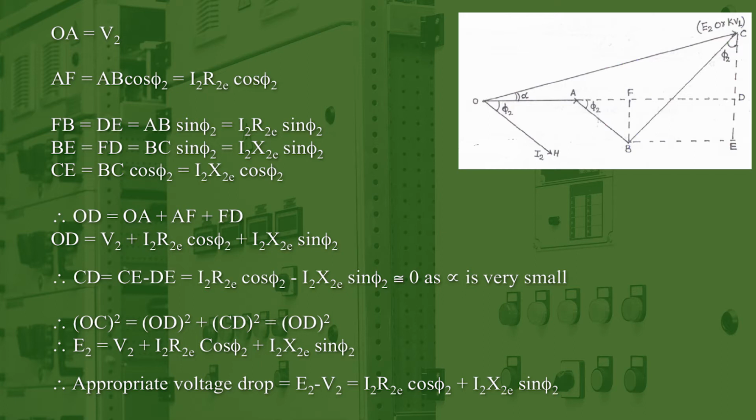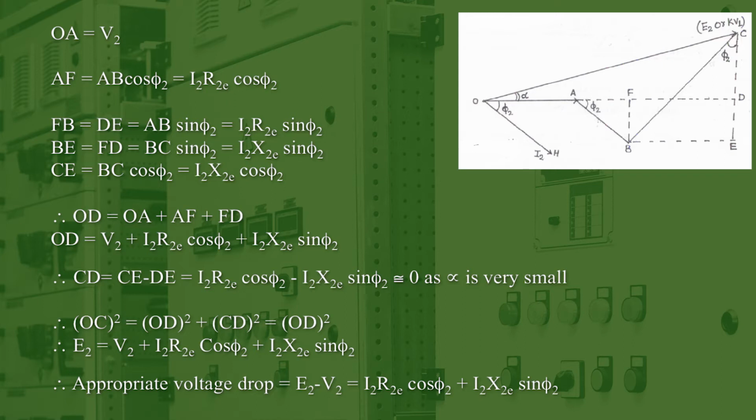Similarly, in this phasor diagram you can find FB, which is equal to DE and is equal to AB sin phi 2, and it can be written as I2 R2E sin phi 2. Similarly, BE is equal to FD, which is equal to BC sin phi 2. And what is the value of BC? The value of BC is equal to I2 X2E. So the value of BE is equal to I2 X2E sin phi 2.